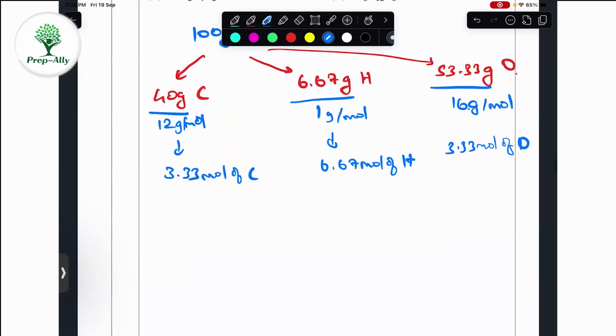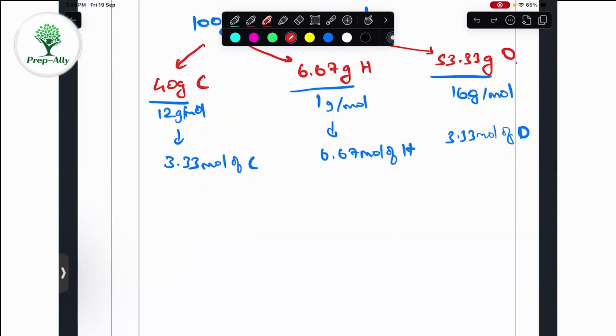Now select the lowest value, these two, right? So it is like a ratio. Empirical formula is like a ratio of each atom. How many are there? So find the ratio divided by the lowest number.